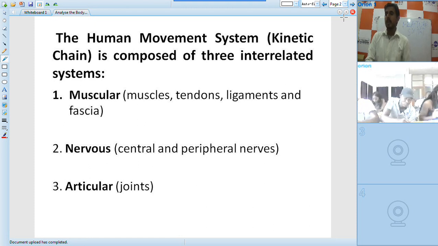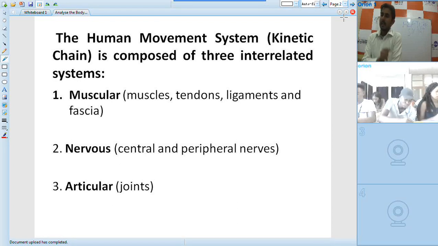All the systems we have discussed in that body movement and structure: the muscular system, the nervous system, and the articular, the musculoskeletal system, in which the different body joints and the bones and the muscles are attached with each other to provide the proper shape and the movement to the body.